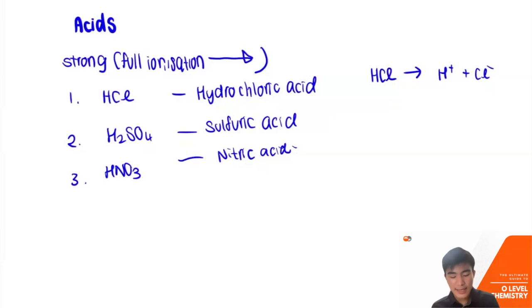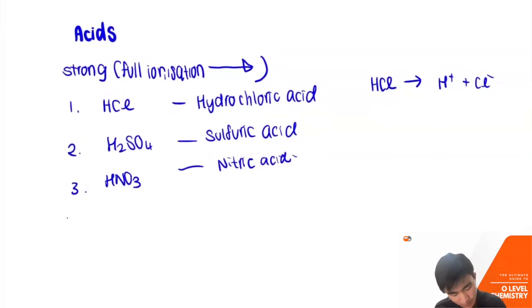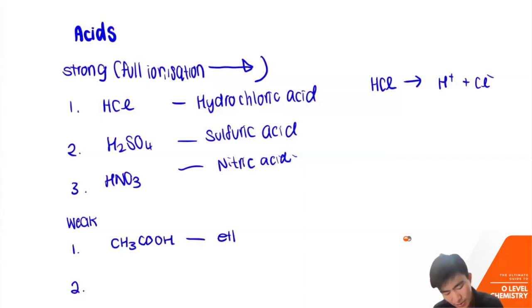Everybody get this? Now, moving on to weak acid. I give you 2 examples. The first example is CH3COOH. This is known as ethanoic acid. Sometimes people call it vinegar also, same thing.